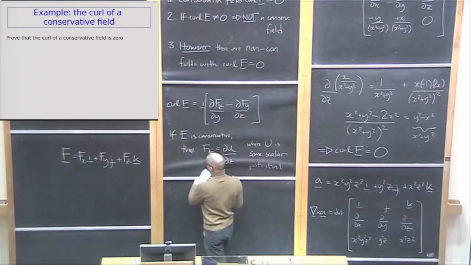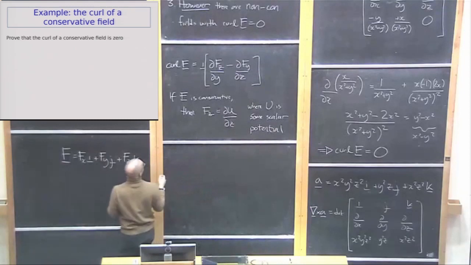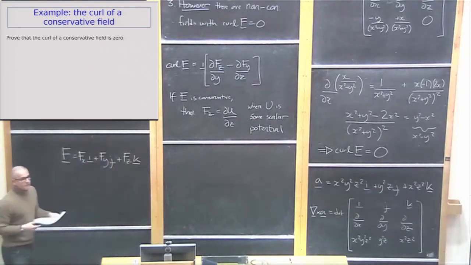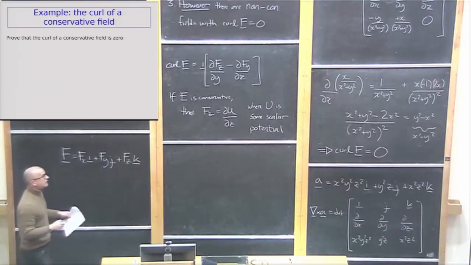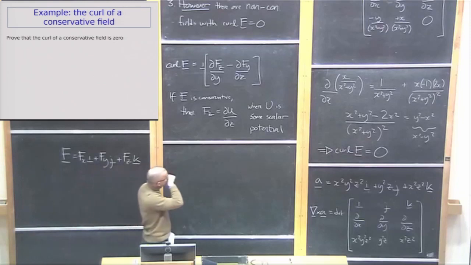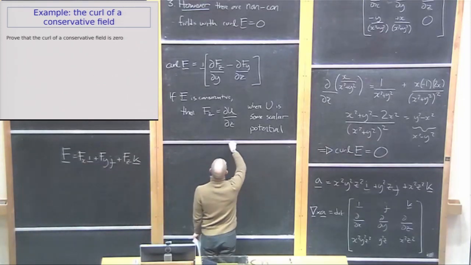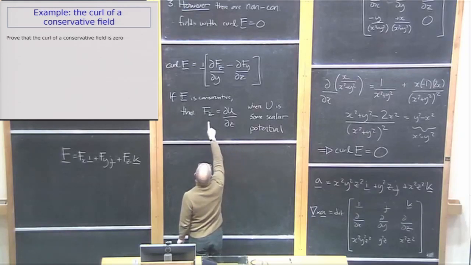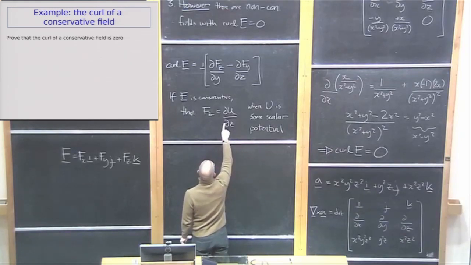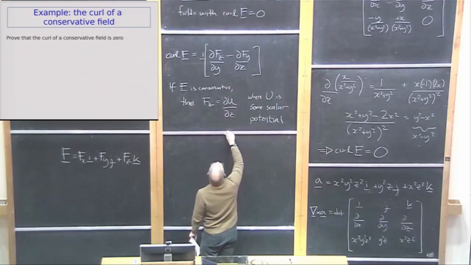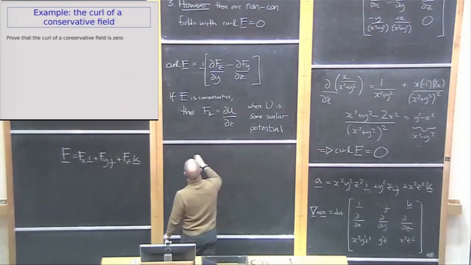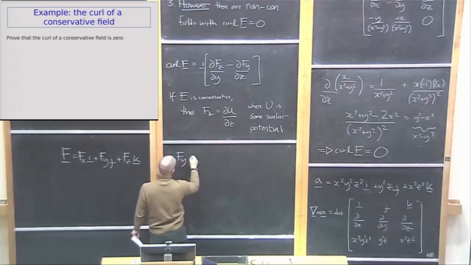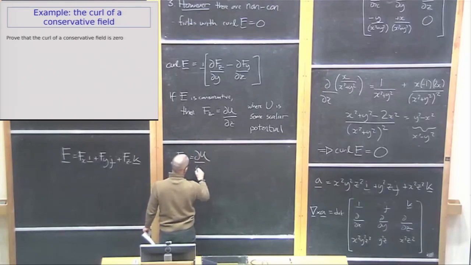Right, so we've done this, and I've probably repeated it many times. If a vector field is conservative, then it's the gradient of some scalar potential, and therefore the fz term of that vector field would be du by dz, and similarly then the fy component would be du by dy.